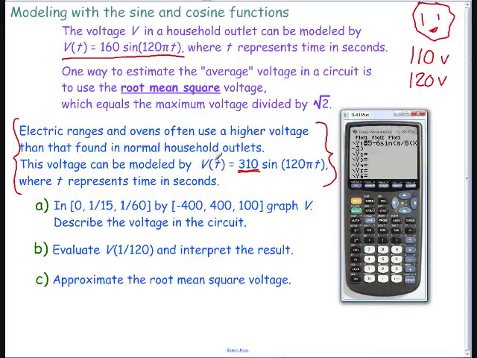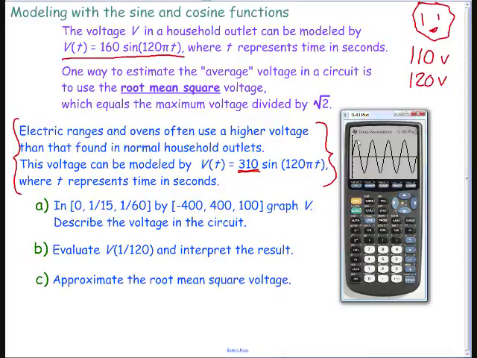Our voltage in terms of T, we're going to use Y and X when we put this in. Let me clear this. This will be 310 sine 120 pi times X. And let's graph that, see what it looks like. Looks pretty good.